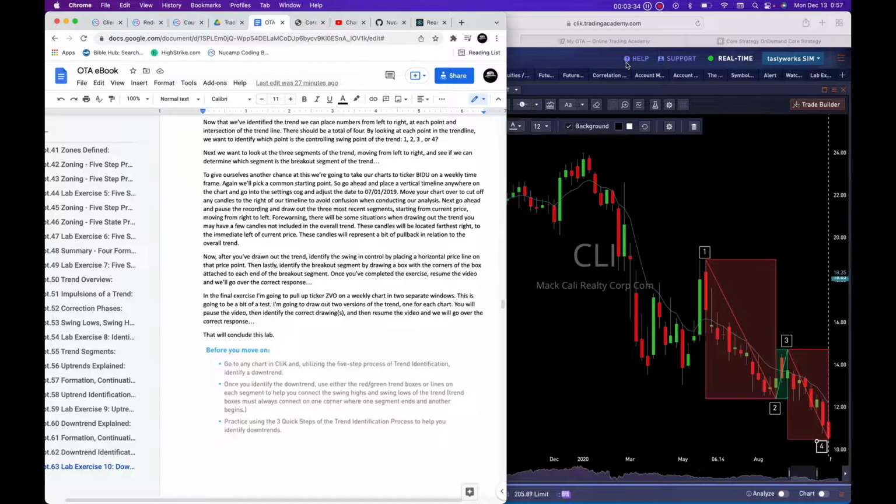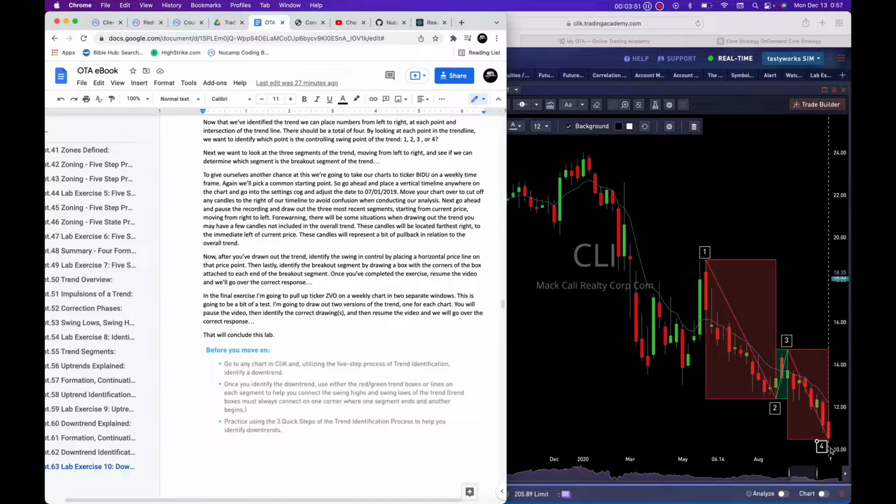All right, now what I've gone ahead and done is I've numbered all these swing points within the downtrend. The high, number 1, the low, number 2, the lower high, number 3, and the lower low is number 4.